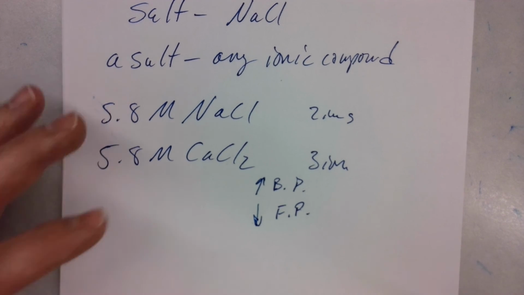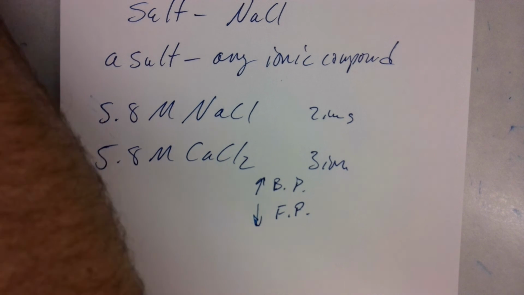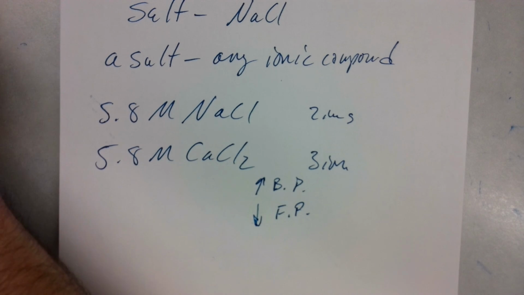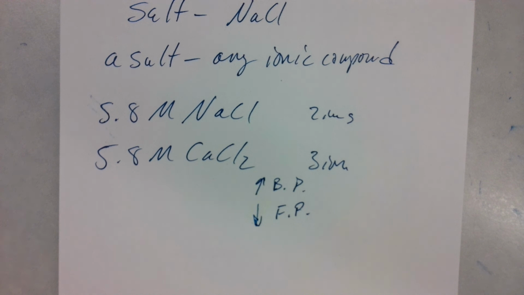Osmotic pressure is the pressure I exert back. There's actually a really good little snippet on this. Let me find it. Osmotic pressure, right here. If you look on page 298, osmotic pressure is the pressure that prevents the flow of additional solvent into a solution on one side of a semi-permeable membrane.